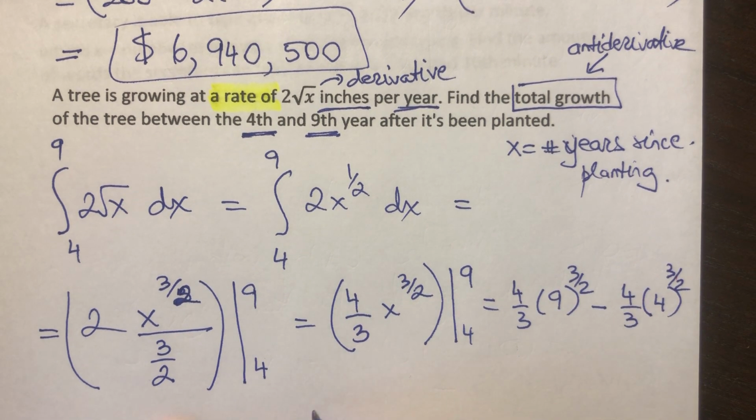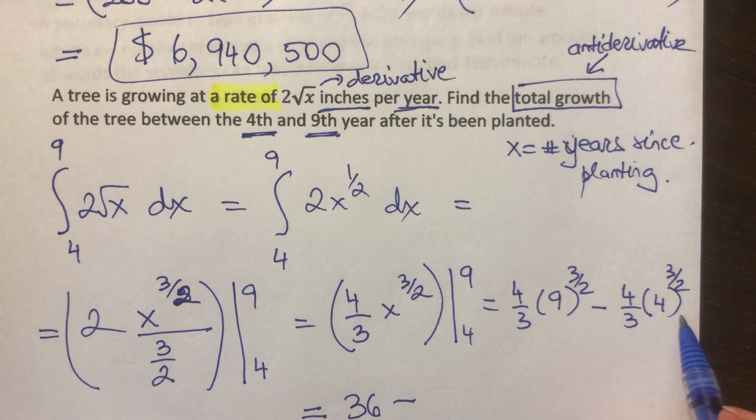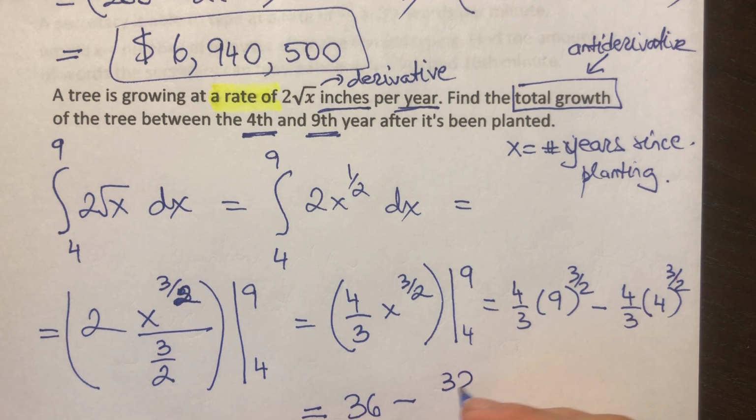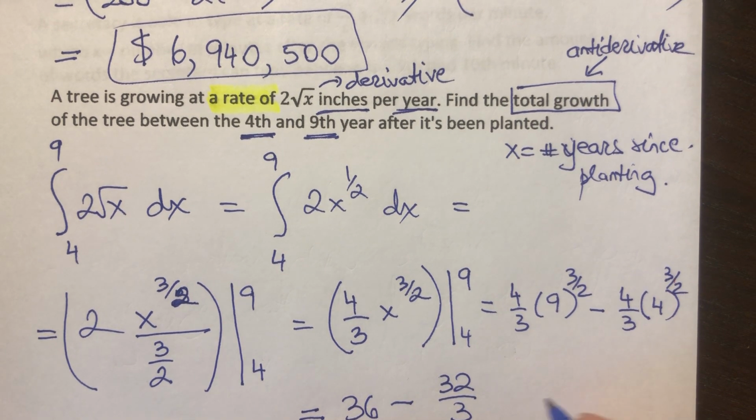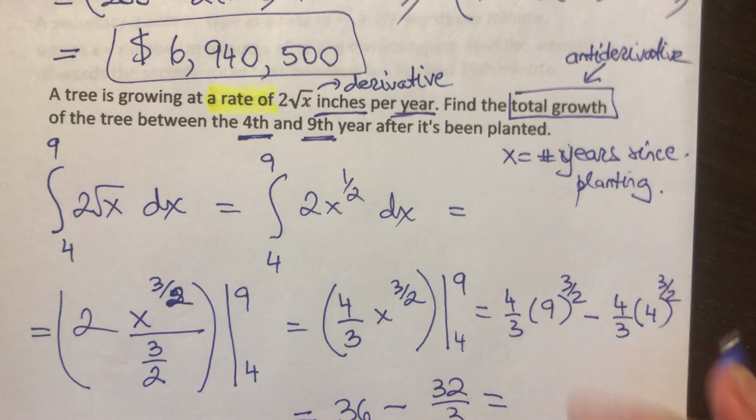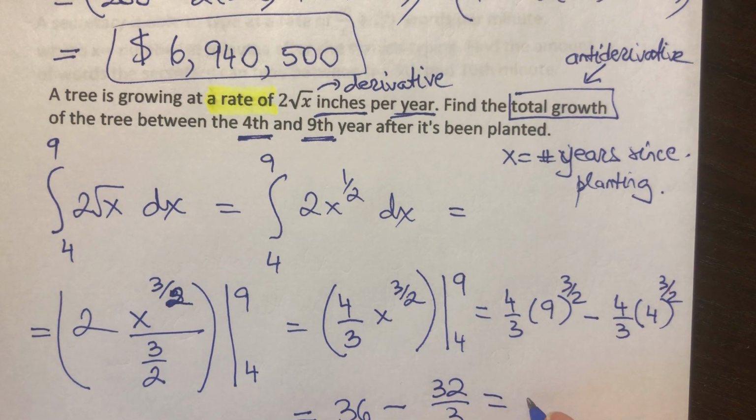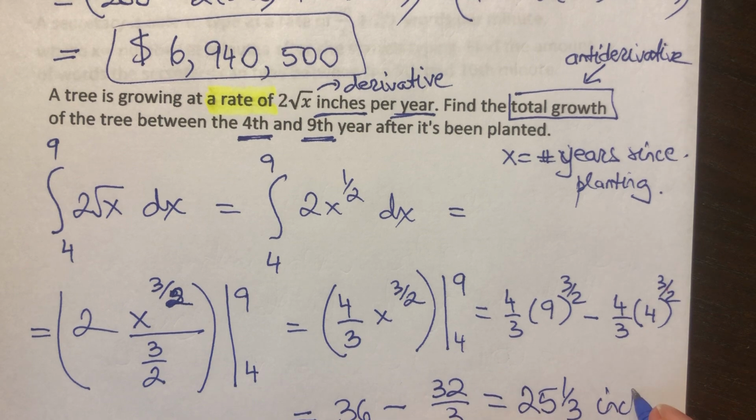Okay, put that in your calculator. You're going to come up with 327 divided by 3 is 936 minus, that's going to be 832 over 3. Okay, put that in your calculator and you're going to come up with 25 1/3 many inches.